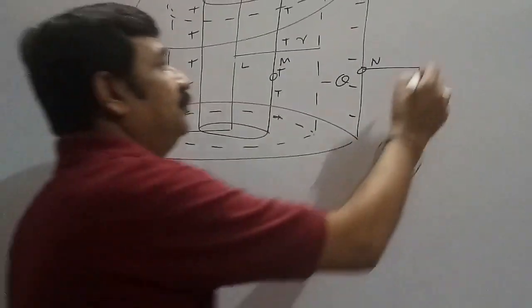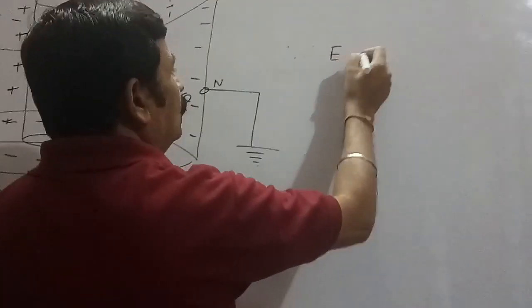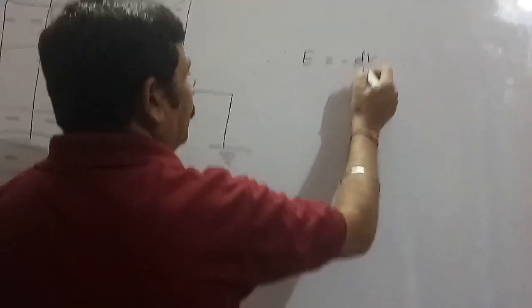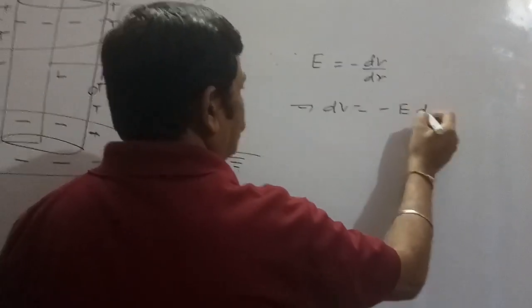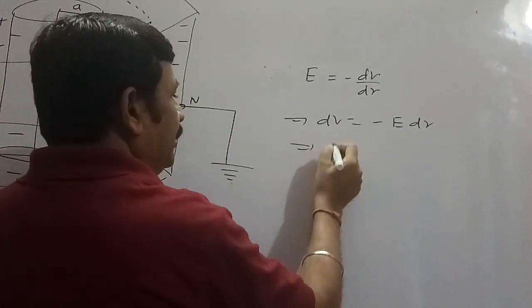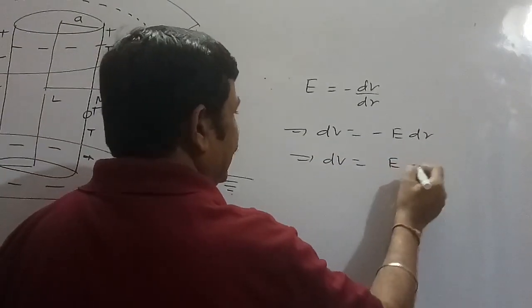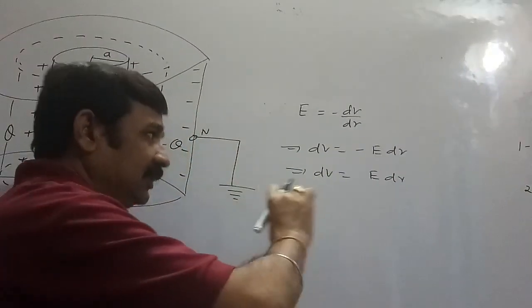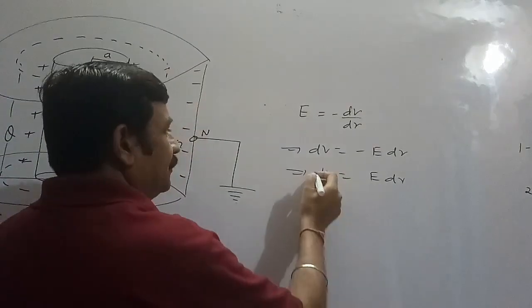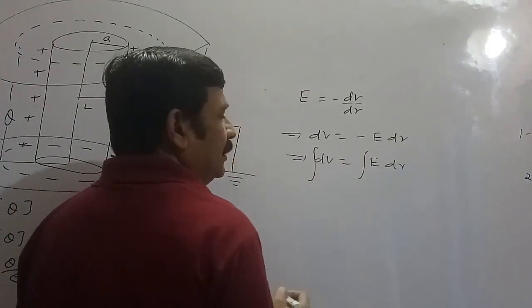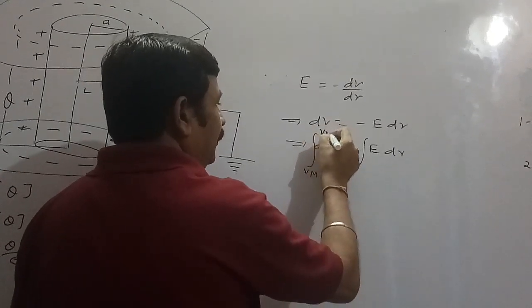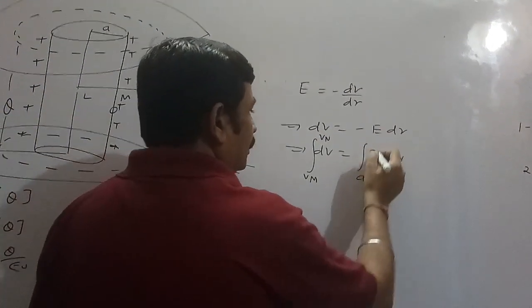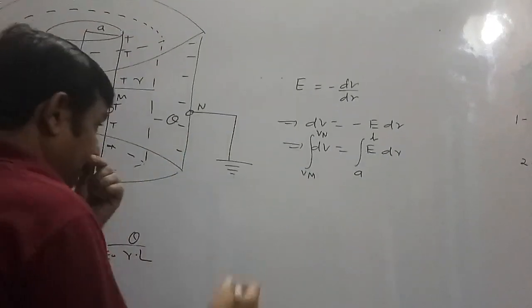Now since E is equal to minus dV by dr, it implies that dV is equal to minus E dr. On considering magnitude, dV is equal to E dr. The negative sign only indicates that in the direction of intensity, potential decreases. On integrating both sides, here we put the limits Vm and Vn, and for distance the limits a and b.